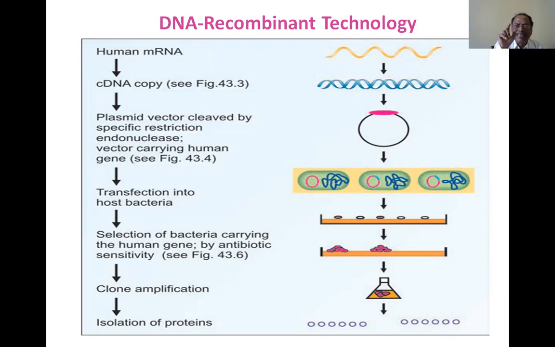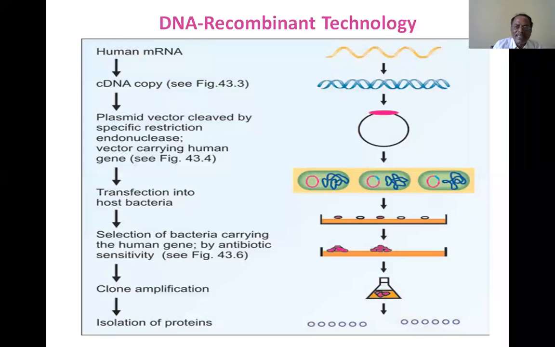They were observed initially by Werner Arber, and they have a specific nature of cutting that was first observed by Werner Arber. And Smith identified or isolated these enzymes. And Daniel Nathans said they are restriction endonucleases.